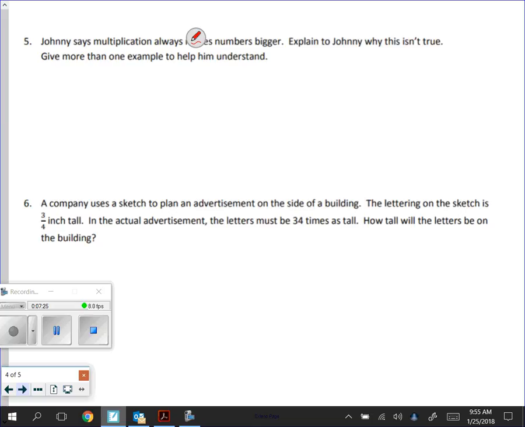Johnny says multiplication always makes numbers bigger. Explain to Johnny why this isn't true. Give more than one example to help him understand. 2 times 1. Huh? What times 0?